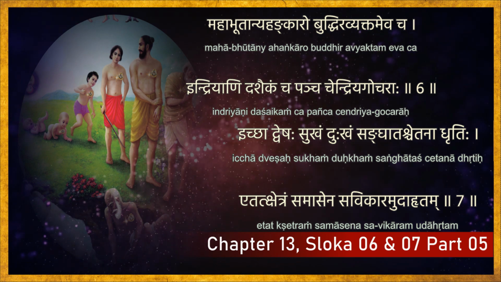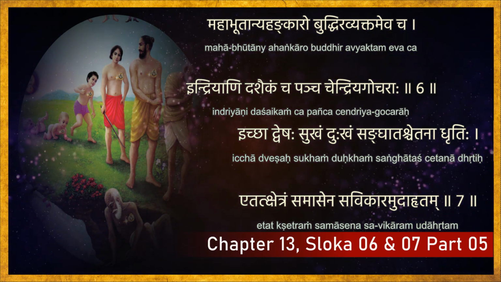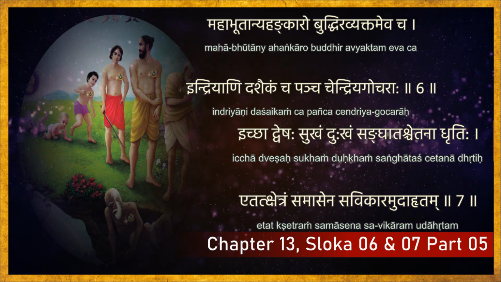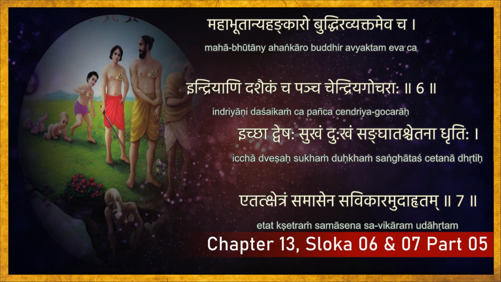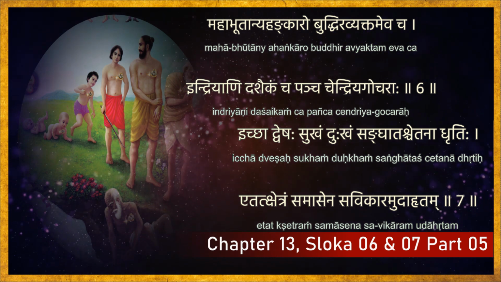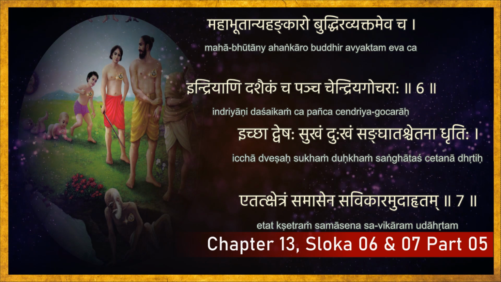From fire comes rasa tanmatra. And from rasa tanmatra comes water. From water comes gandha tanmatra. From gandha tanmatra comes earth. And this is how the 10 elements get created in a beautiful sequence.